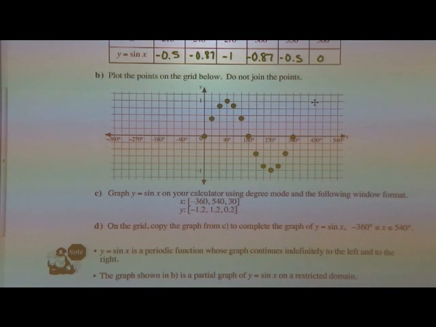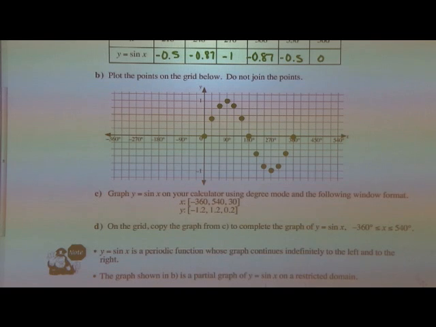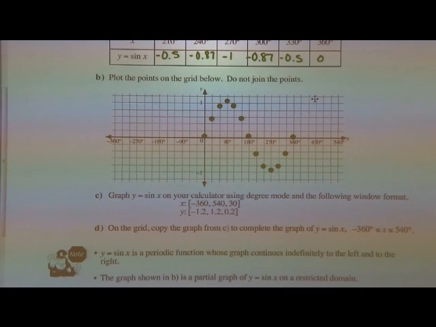I want to make that one bigger. So at 450, I'm up here. 450, and then let's make that a little bit bigger so we can see it.